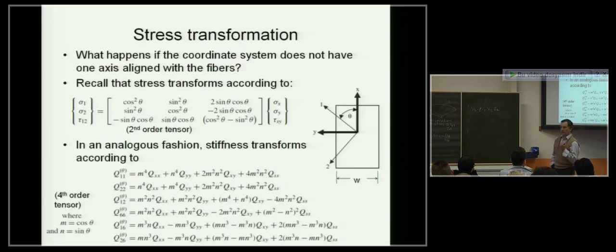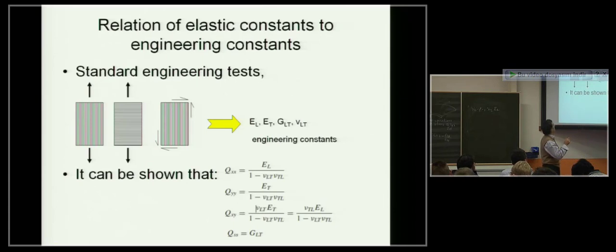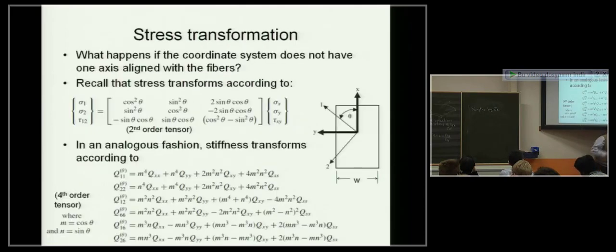Okay, now everything we said was with one axis parallel to the fibers. In here we had one axis parallel to the fibers in the coordinate system we were dealing with. Well, if our reference axis is not parallel to the fibers, we need to know how to transform stress from one axis system to another. So you've seen that before, I'm sure, and if you haven't, you better review it.